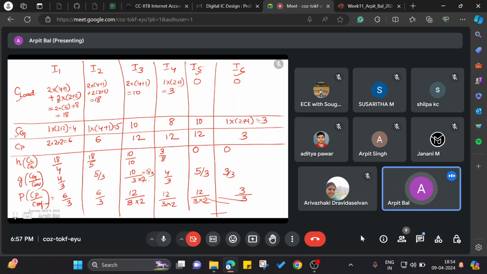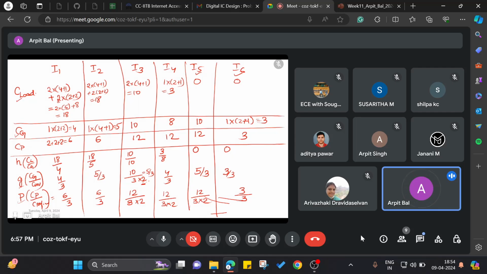Then we figure out the electrical effort H, the logical effort G, and the parasitic effort P. Always remember that for G and P we need the reference inverter of equal drive strength, because of which you can see this multiplication factor 2 come into the picture in I3, I4 and I5.